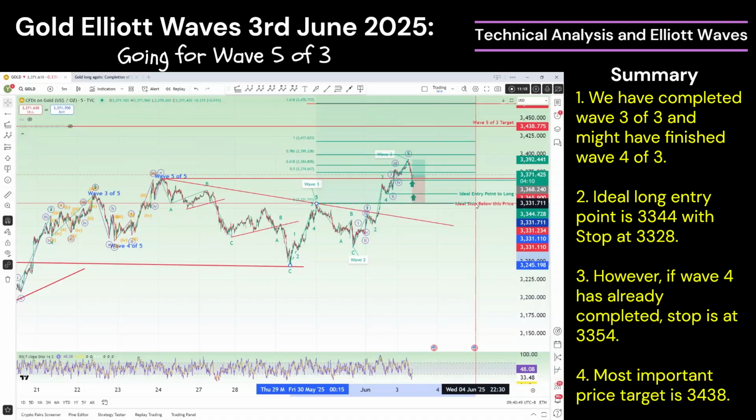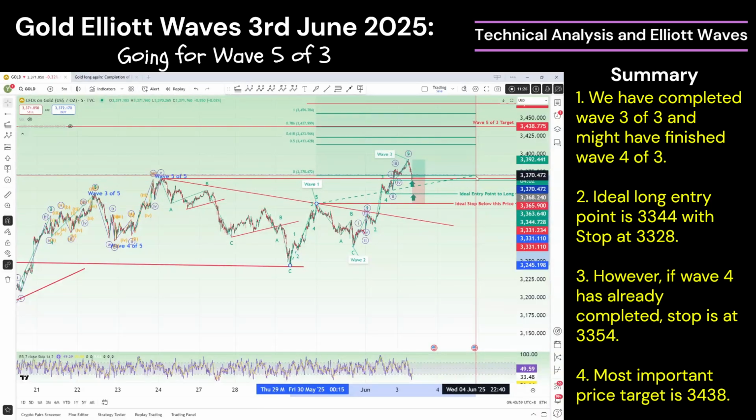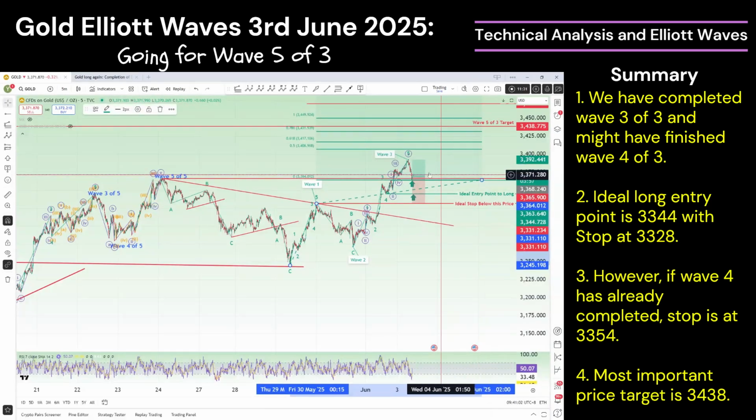If I put it down some more, 3417. Right, given that this is a wave three, I will likely favor a higher target, and I may favor just this as the end of wave 4 as of now.